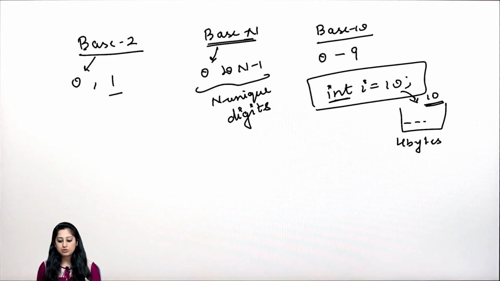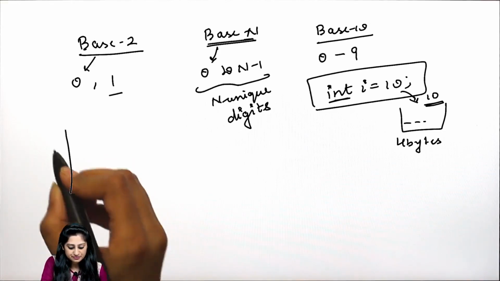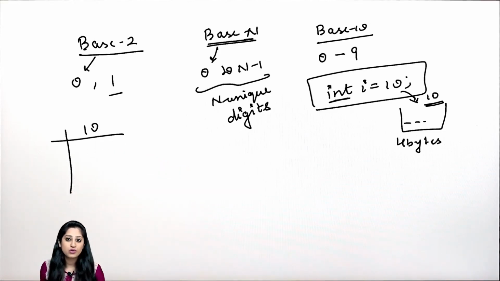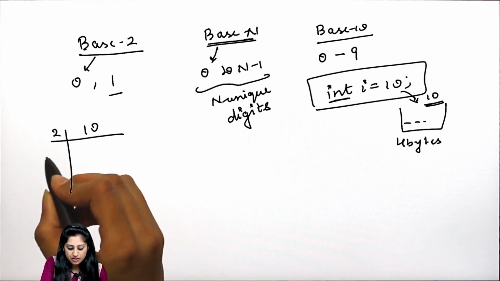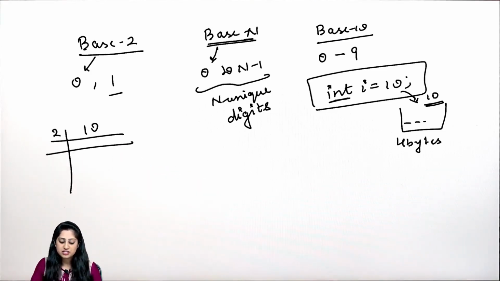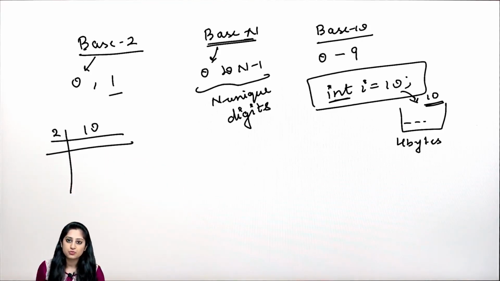So let's see how to convert a normal decimal number to a binary number. If we have a decimal number, let's say 10, and I want to convert this 10 to binary, how can I do that? Write something like this: 2 is the base, 10 is the number. Divide 10 by 2.